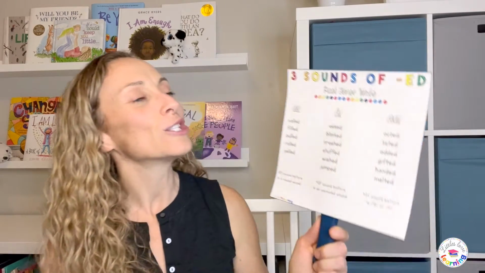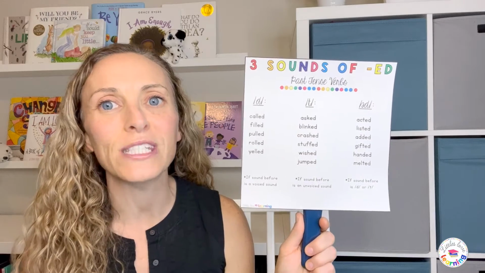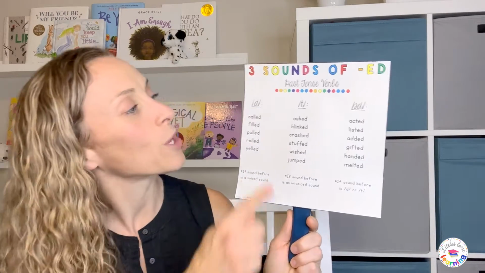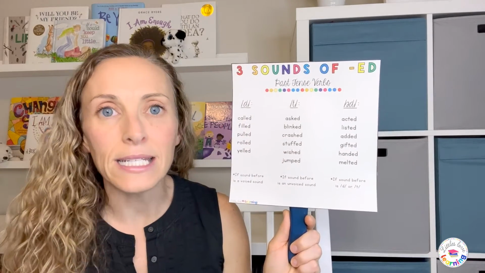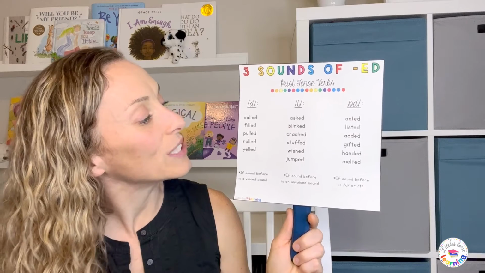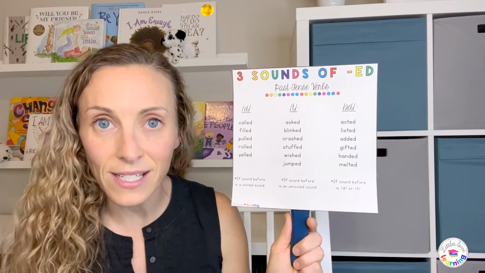But there are actually 3 different pronunciations of ED. And spoiler alert, none of them is ed. Even though it's the letters ED, we don't pronounce it as ed. So here are the 3 different pronunciations that we use when we add ED to the end of an action word. It can sound like d, as in called, filled, pulled, rolled, or yelled.